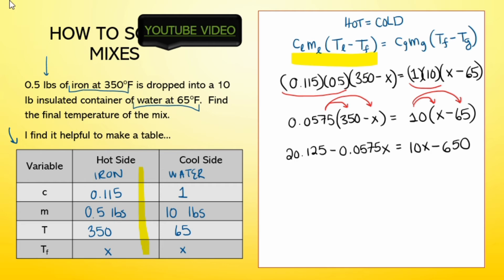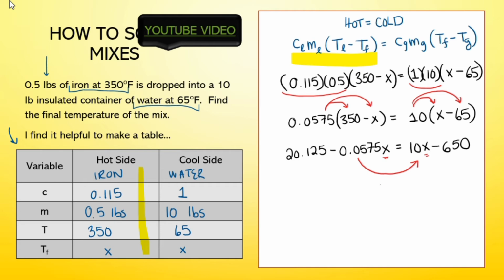Okay, next I need to put x's on one side and my numbers on the other side. So anything that has an x at the end, I want to gather together. So I'm going to take this one and move it over to the right side. And I'm going to do that because I want to gather and combine those two terms. So if I move it to the right side, it's going to become positive.